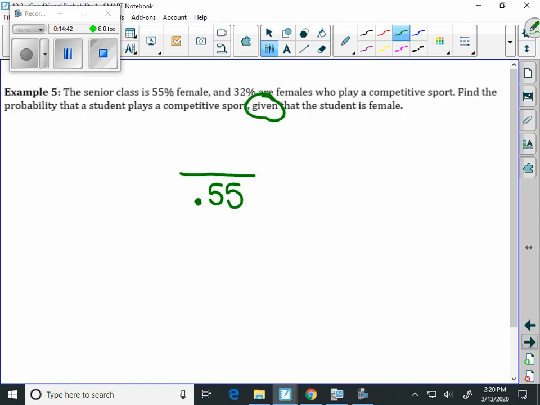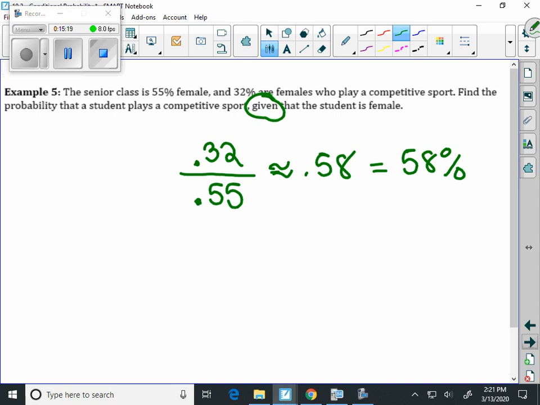Now what we want to find on top is who is female and involved in a competitive sport. So 32% are females who play a competitive sport. That's going to go in the top here for our conditional probability, and we get approximately 0.58, and I know I haven't been typing it in. 0.32 divided by 0.55, which is, by the way, the 58%.